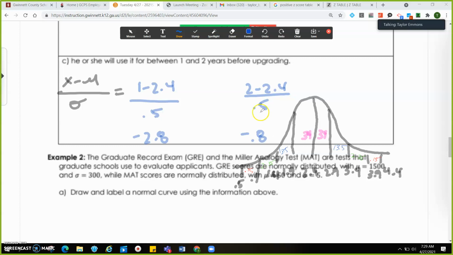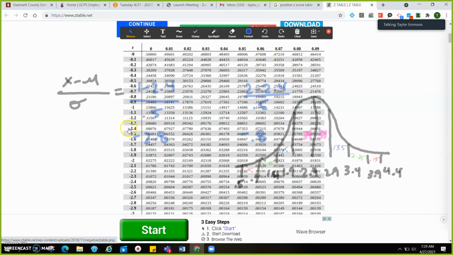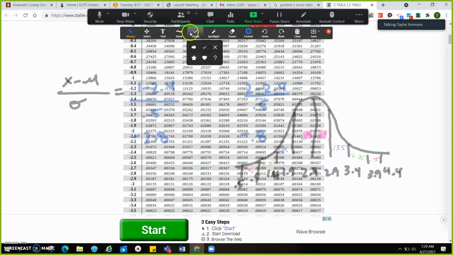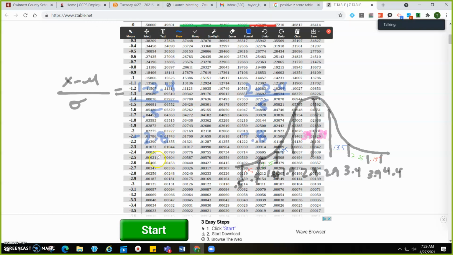We're going to go to our negative z-score table, which is right here. Going down to negative 2.8 on the left-hand side, that's 0.0026. Over here, negative 0.8 is 0.2119.